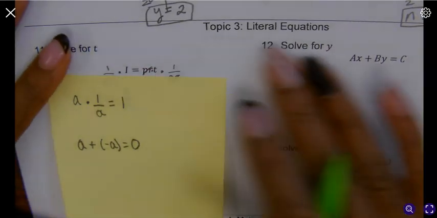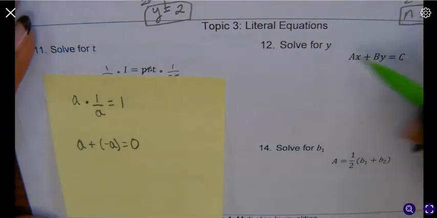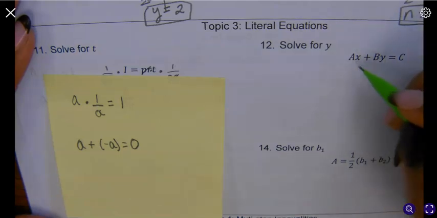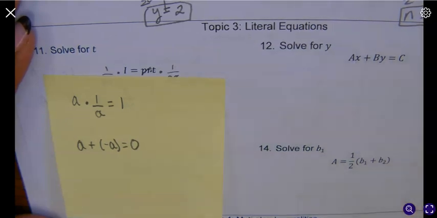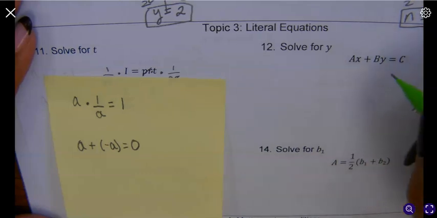Alright, so what about here? See some addition, but let's see here. I have a y. I got to get y by itself, so I have to remove everything else. So what I'm going to do is remove the ax. In order for me to remove the ax, I need to add the inverse to both sides.